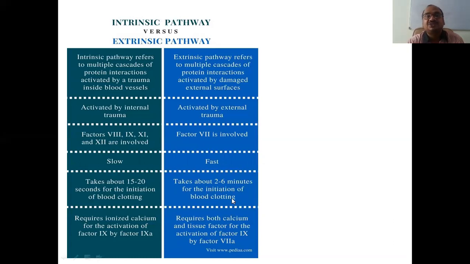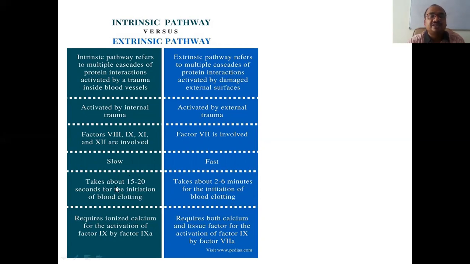In case of emergency, in case of accidents, only the extrinsic pathway will work. In any road accident with blood loss, there must immediately be a blood clot. All those are initiated by the extrinsic pathway only. Shortest route, fastest route.